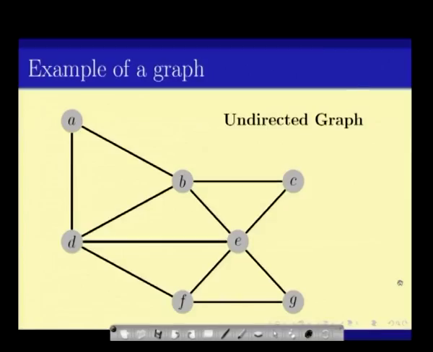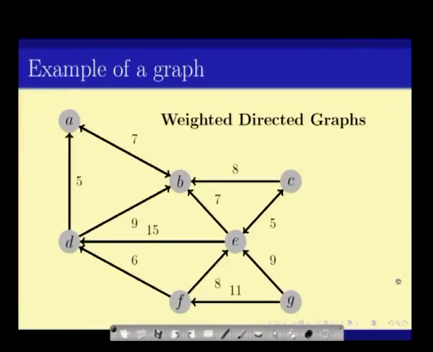For example, here is an undirected graph where there is an edge between A and B, meaning that (A, B) is an edge. Similarly, there is an edge between B and E, so (B, E) is an edge, but there is no edge between B and F, which implies that (B, F) is not an edge in this graph.